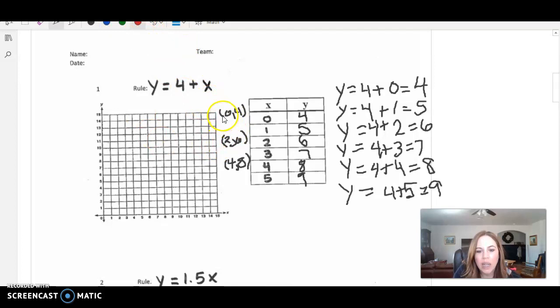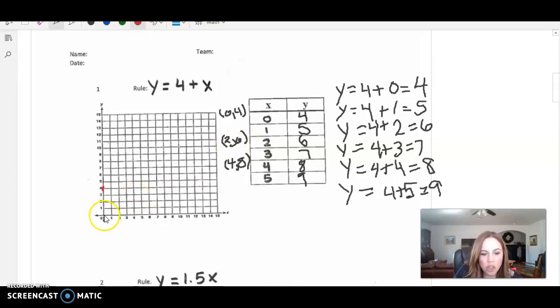Okay, when x is 0, y is 4. So we're going to start at the origin and we're not going to go left or right because x is 0, right? So we have nowhere to go on the x-axis. And so let's go up to 4 because our y value is 4. Then we have 2, 6.